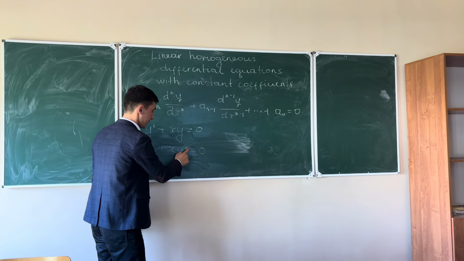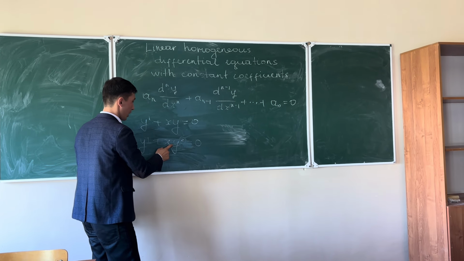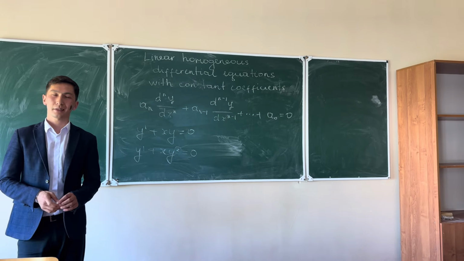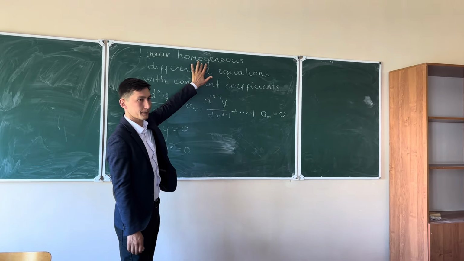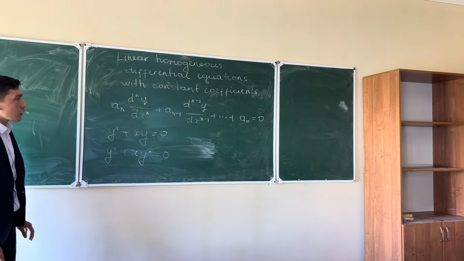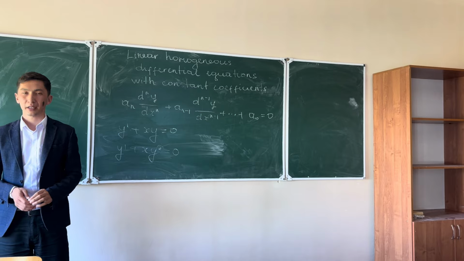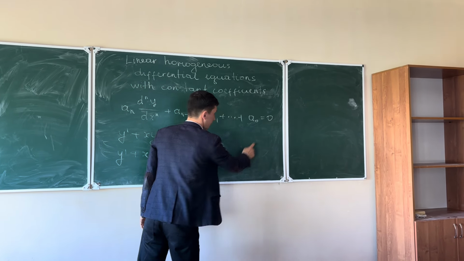the second-order one we have here has y to the power of 2. And the second one is homogeneous. The equation is called homogeneous because the right-hand side of the equation is 0.